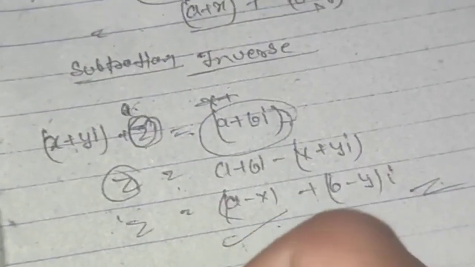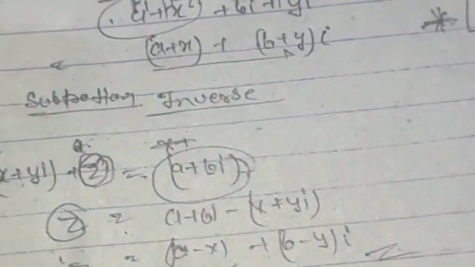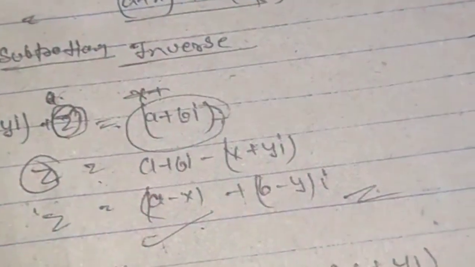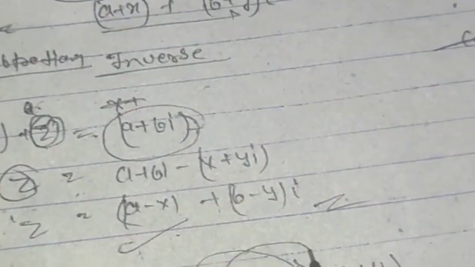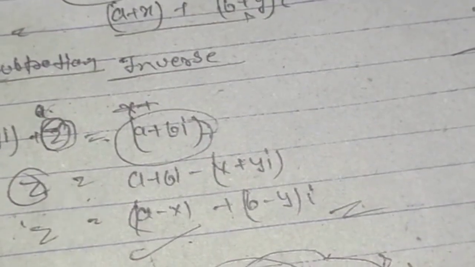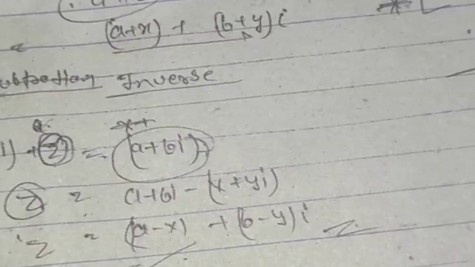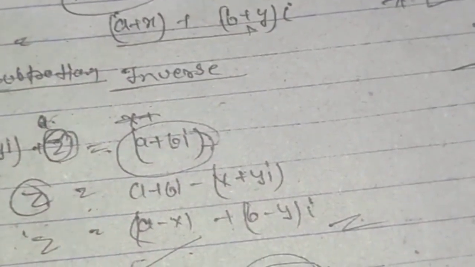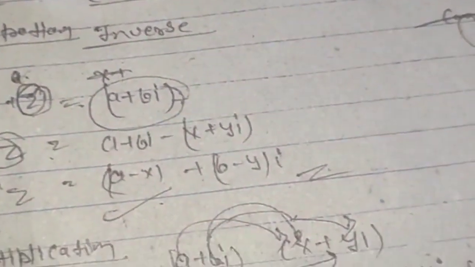Okay, and multiplication. The two complex numbers multiplied. Let's see, that is a plus bi and x plus yi. So first a multiplied by this, and then b multiplied by this. So plus b iota into y iota, then a multiplied by this, a into y iota, then b multiplied by this, b iota. This is complicated, but practice makes a man perfect.